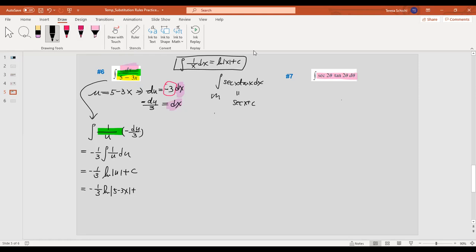But if you rewrite this one here, you really can see, because this is once, right? So you can say this is the secant 2 theta to the what? 0 power. Okay, so if you rewrite this, because we know the 0 power is 1, correct?